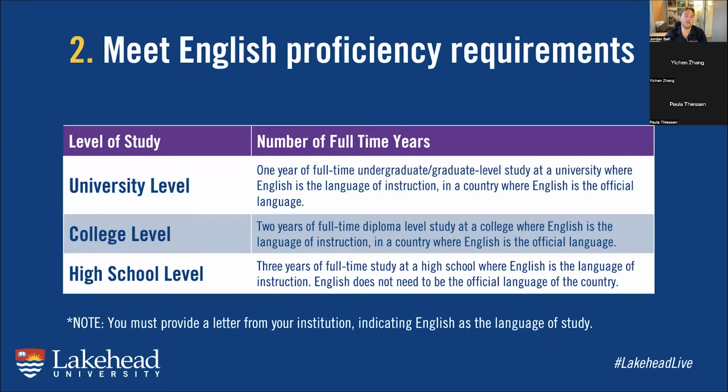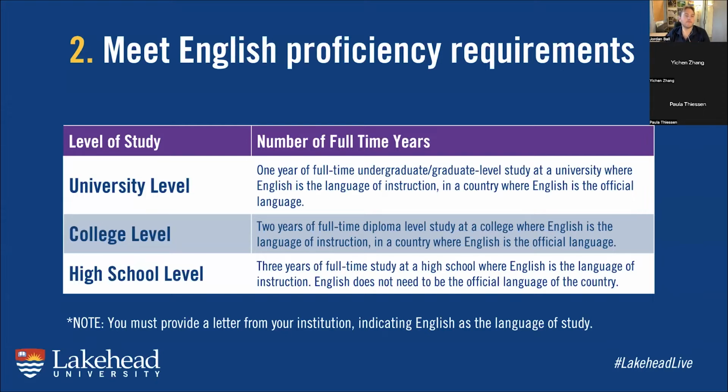At the high school level, we're looking for 3 years of full-time study where English is the main language of instruction. However, the caveat here is English does not need to be the official language of the country. And once again, a friendly reminder, you will need to provide that letter from your institution indicating that it is English instruction.